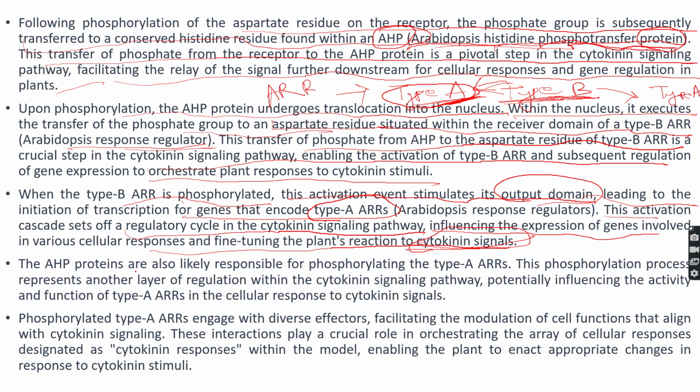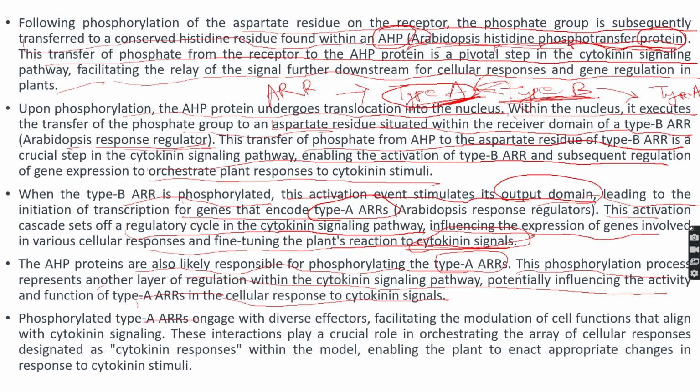Okay, the AHP protein is also likely responsible for phosphorylating type A ARR directly. This phosphorylation process represents another layer of regulation within the cytokinin signaling pathway, potentially influencing the activity and function of type A ARR in cellular responses to cytokinin signals.